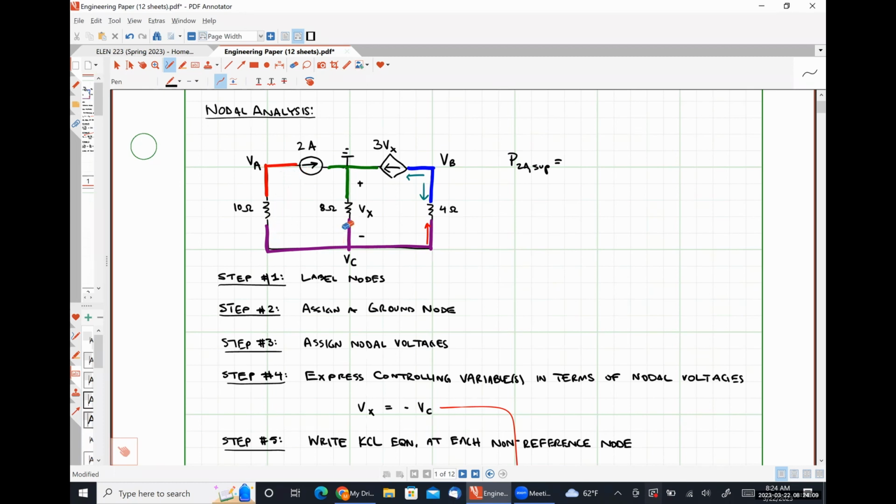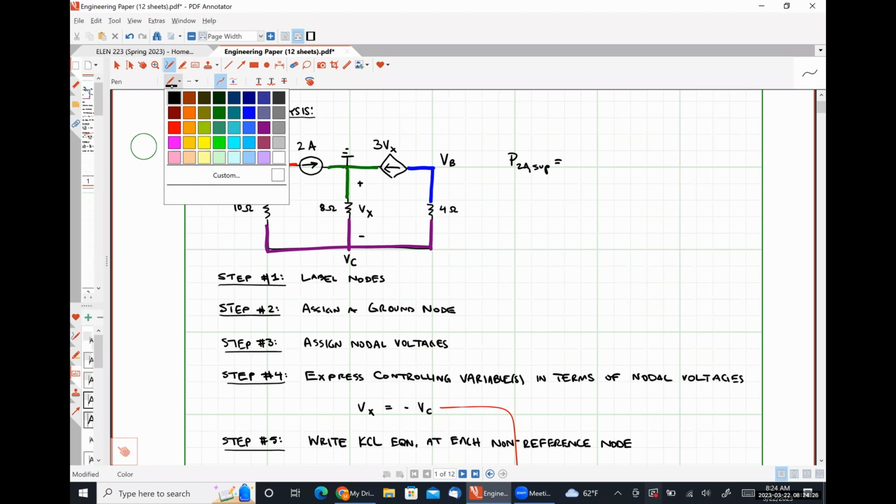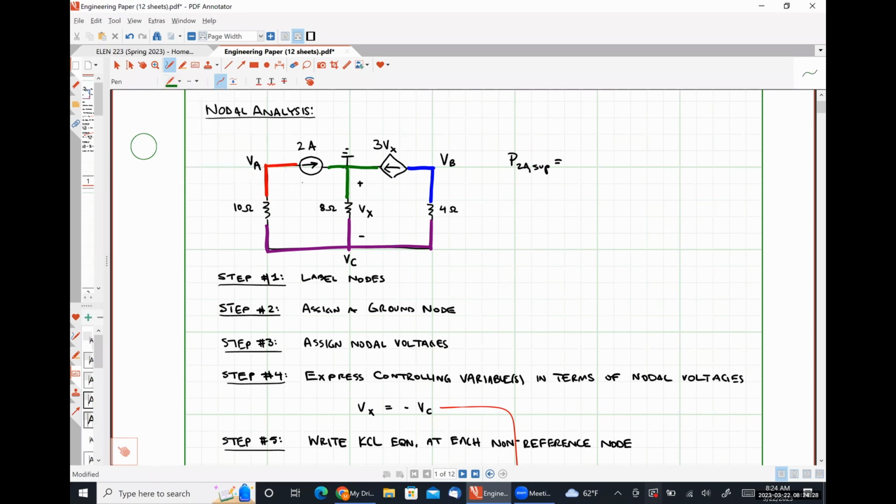Let me erase all these little arrows here because they're just going to get in the way. If I want the power supplied by my 2 amp source, it's going to be the current flowing through my 2 amp source multiplied by the voltage drop across my 2 amp source, where let's call this V2A. Let's do it in green. I want the current to flow into my negative polarity terminal and out my positive polarity terminal, right?